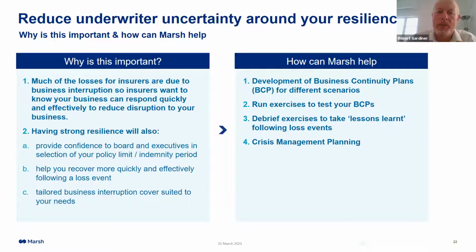It's about putting in place a business continuity plan that can give the management and the board comfort that we've got a plan to strategically manage our way out of a disruption, that again supports the design of the insurance program, but ultimately gives comfort to our key stakeholders such as financiers, suppliers, and customers that we can manage our way out of this disruption and can prosper from it.